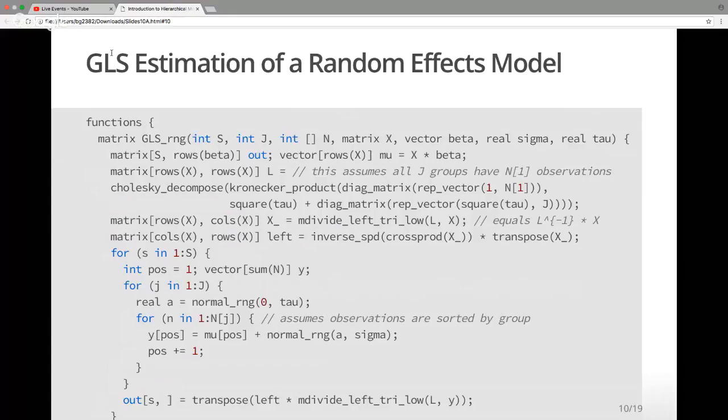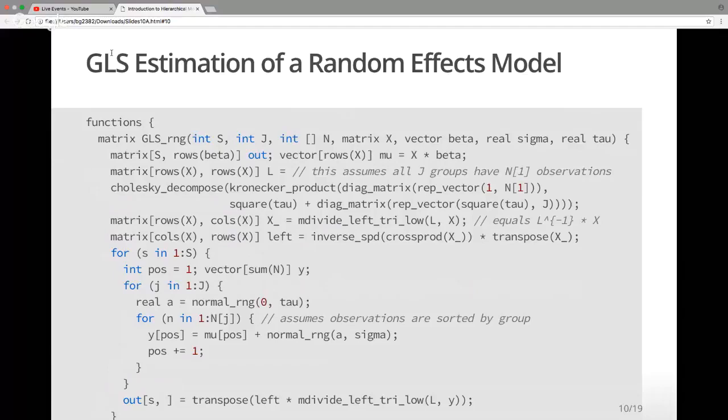And we'll initialize a vector y for our outcome, whose size is equal to the sum of N, so the total of all observations across all J groups. That's initially filled in with NaN. So we need to fill it with something before we can do any sort of an estimator.